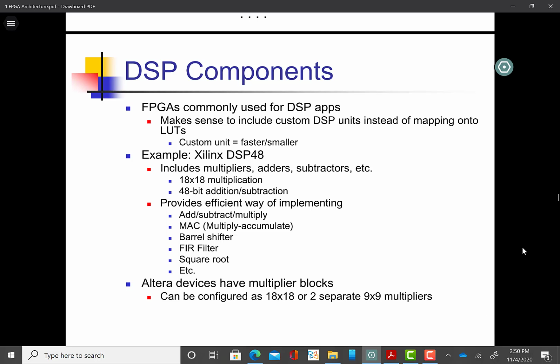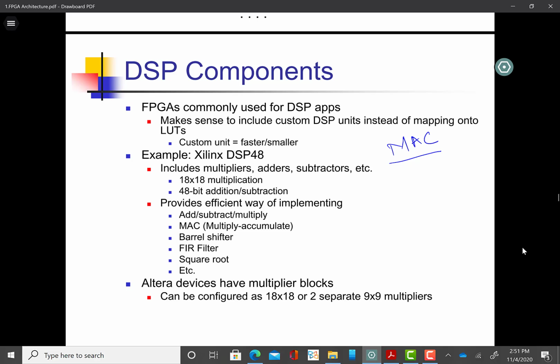Then another component that is found in state-of-the-art FPGAs is DSP blocks. These DSP blocks are very suitable to implement MACs. MAC stands for multiply and accumulate, and this is one of the basic operations found in many DSP algorithms. For example, convolution is a MAC operation.